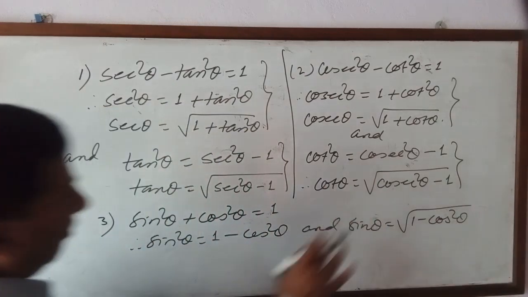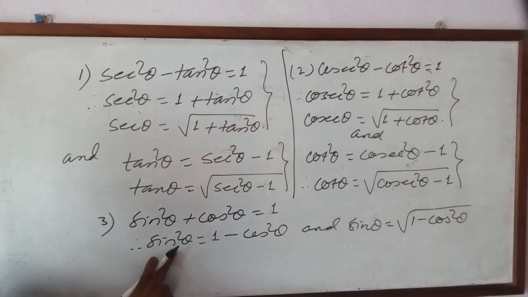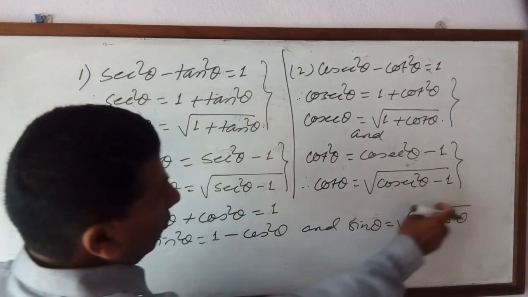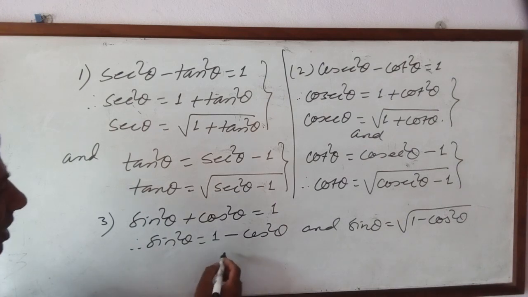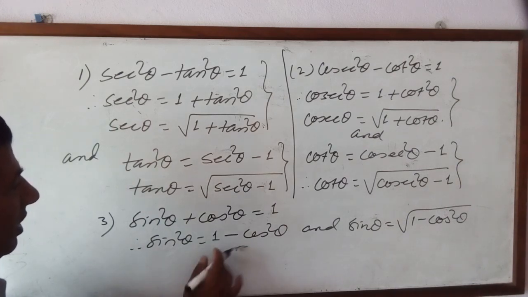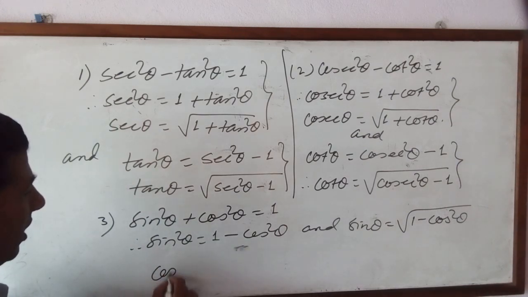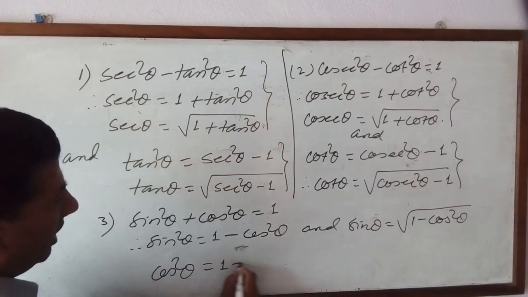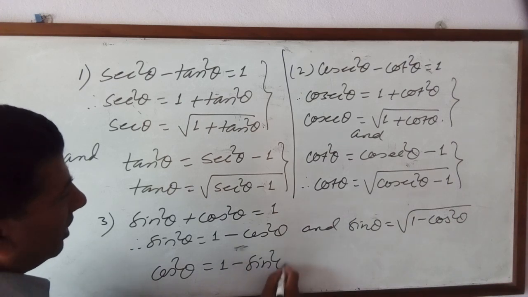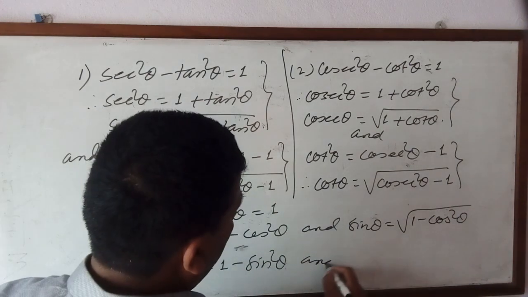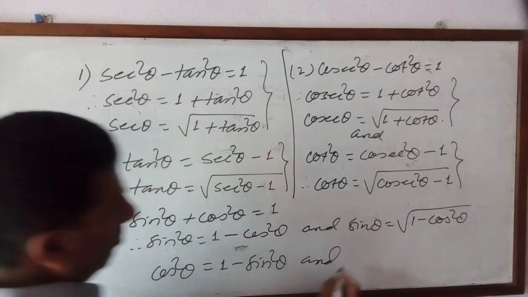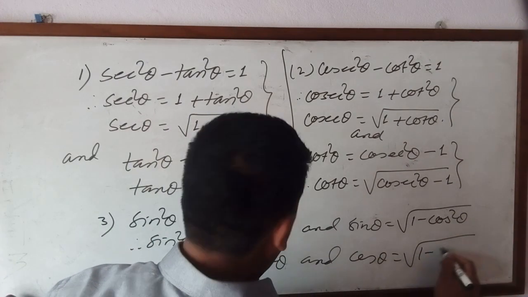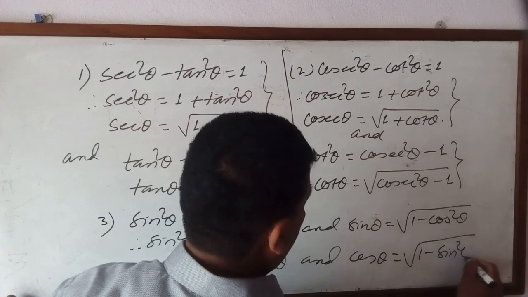Already we derived all this formula: a square, no root sign; when we remove a square, then there will be root sign. Next one, cos square theta. Take the sin square that side, it will be 1 minus sin square theta, and take root sign both sides, it will be cos theta equals root under 1 minus sin square theta.